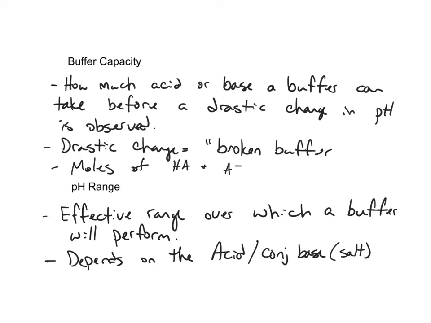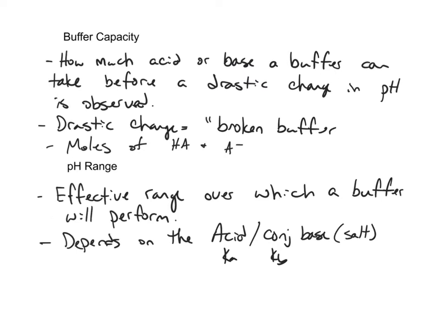If you want a buffer that's effective over a pH of 10, maybe for example, which is on the basic side of things, then you want to use an acid and conjugate base, and specifically the Ka and Kb are important for these to be effective over a particular pH range. And so you want to choose an acid based on its Ka or the Kb of the conjugate base to determine the effective pH range.